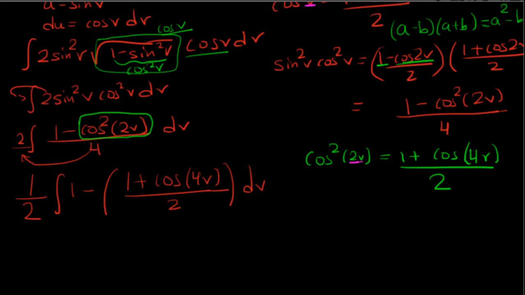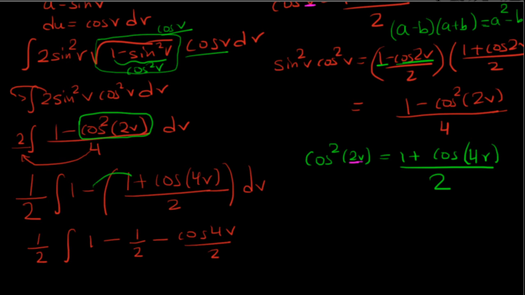All right, next we're going to simplify this. So we'll have 1/2 integral 1 minus a half minus cosine 4v over 2. So what I did here was I did a couple steps.